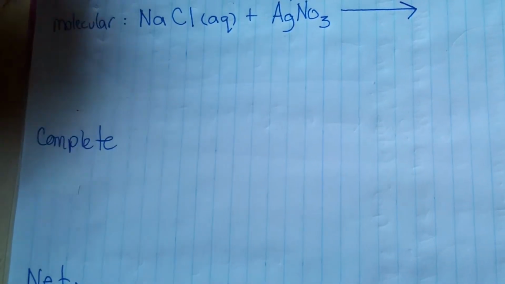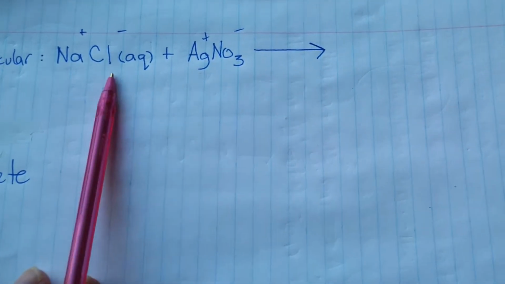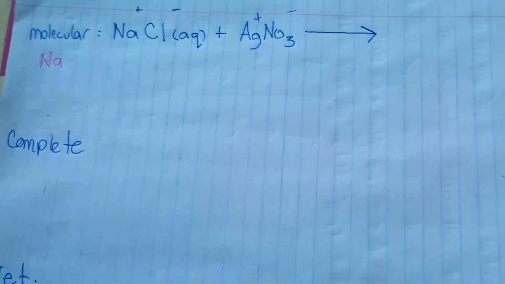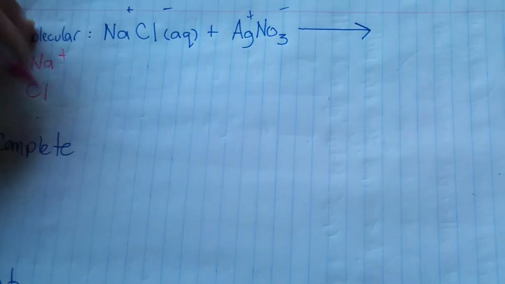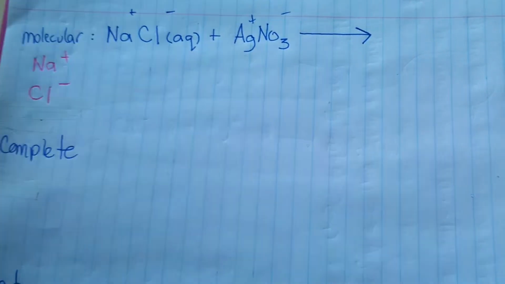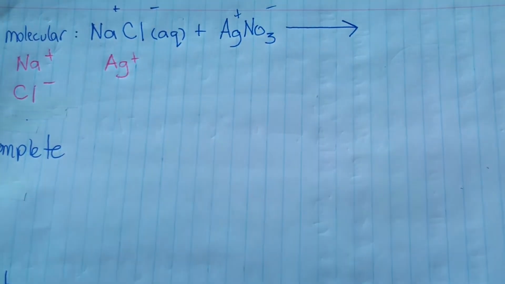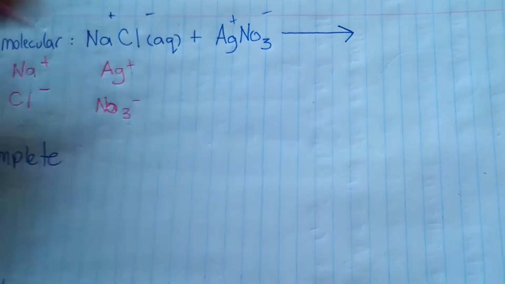So we're trying to figure out what is going to go here. This is our products. So we're going to have sodium, and we have chloride, and we have silver and nitrate, sorry, and that's the negative.